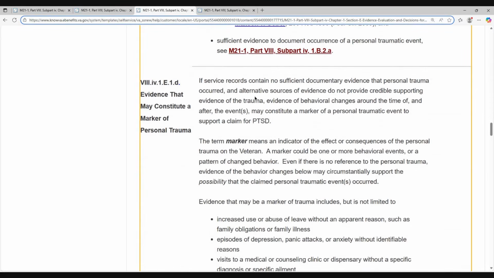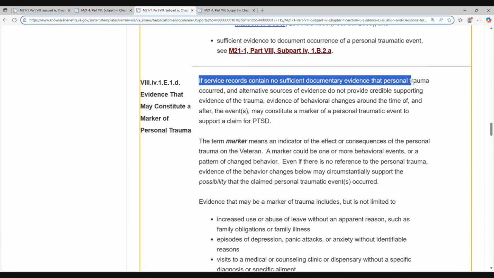Now, here's where we get into the subjective section. If service records contain no sufficient documentary evidence that personal trauma occurred, which is the standard, this is the rule for the most part. Just because of the nature of the person-on-person crime, there is oftentimes no official documentation.